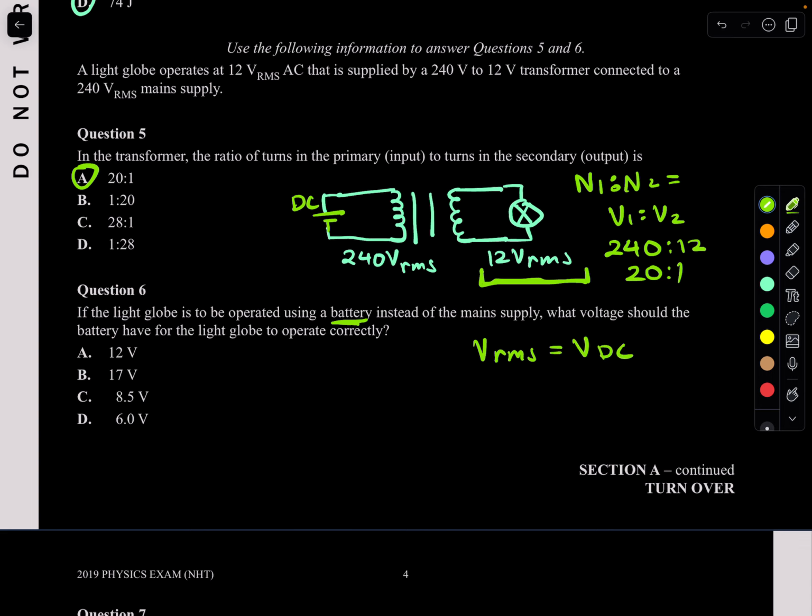So if we know that the light globe works properly when it has 12 volts RMS AC, then volt RMS AC is just equal to the voltage in terms of DC. And that's why we use RMS to show you the relationship between the voltage in AC to DC. So we just need 12 volts to run it properly because it's already in RMS. So that's nice and easy. Beautiful.